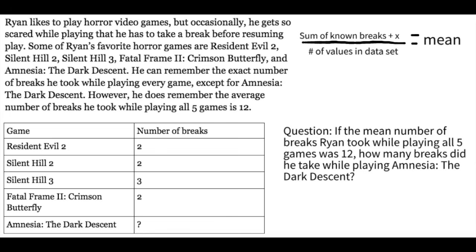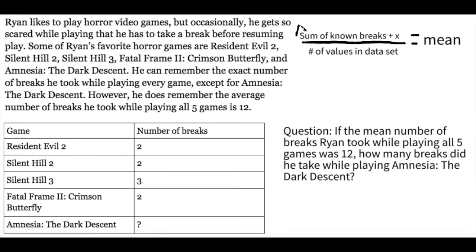But anyway, all you're going to do is count up the number of breaks from the known breaks. And what I mean by known breaks would be the breaks here that have numbers that we know what they are. So for Amnesia, we don't know what this is, okay? So you would do 2 plus 2 plus 3 plus 2, which gives us 9.